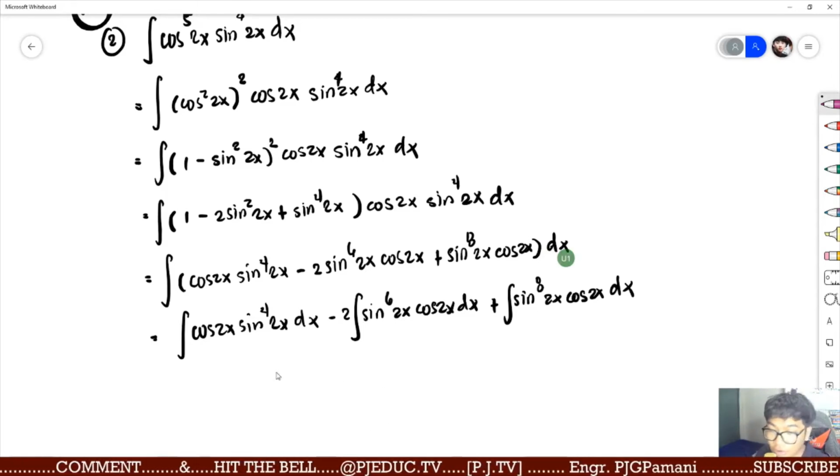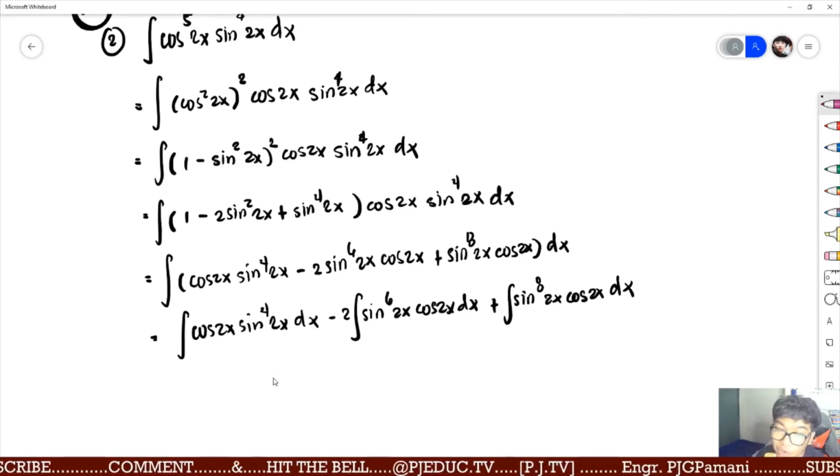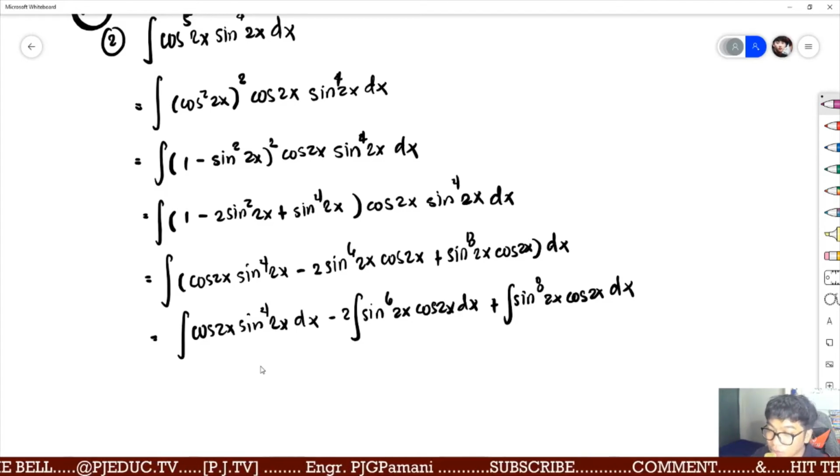Notice the similarity of each term. If we differentiate 2x, we cannot basically integrate both of these terms, cosine 2x and sine 2x. There is still an exponent and we cannot perform double integration, or perform two rules of integration or two integral formulas, in one integrand.